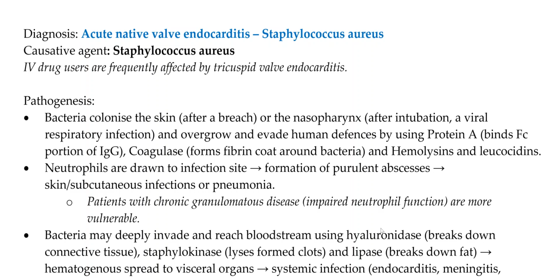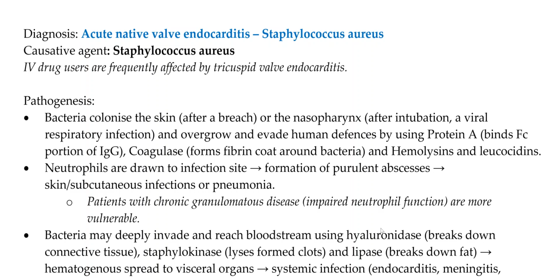So bacteria first colonize the skin after a breach, or the nasopharynx after intubation or viral respiratory infection. They overgrow and evade the human defenses using protein A. Staphylococcus aureus has a protein A on its surface, which binds the Fc portion of immunoglobulin. Immunoglobulin G is a Y-shaped structure, so it captures the stem of that Y. So it cannot bind with its antigen binding portion to the bacteria.